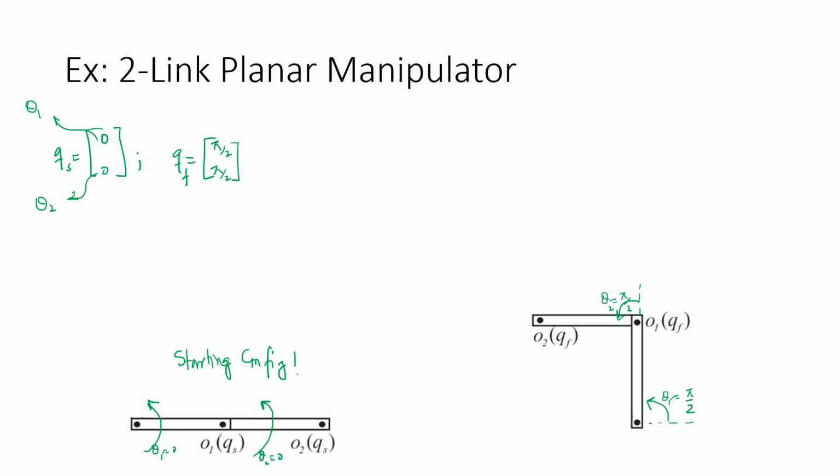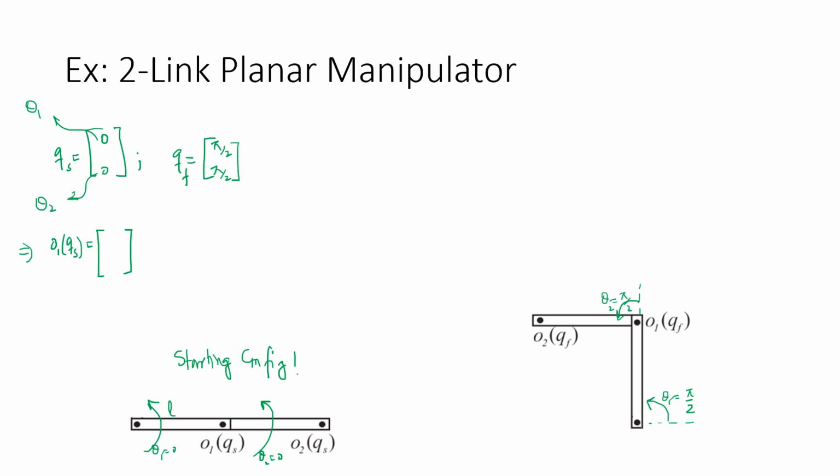Now once you have got that, you can obviously write down where your origins are going to be placed. So with this realization, you can now write down O1 at the starting configuration, QS, when you have theta 1, theta 2 both equal to 0. So that is going to be equal to another vector. Now at this particular stage, I must also define the link length.